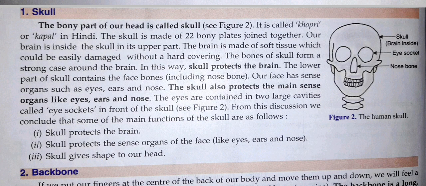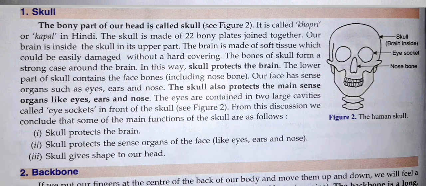So from all this discussion, now we came to know what is the skull. If I say write skull, you can write the body part of our head is called the skull. It is made up of 22 bony plates. And the functions of the skull, here 3 points are given. These are the 3 main functions of the skull. Skull protects the brain.